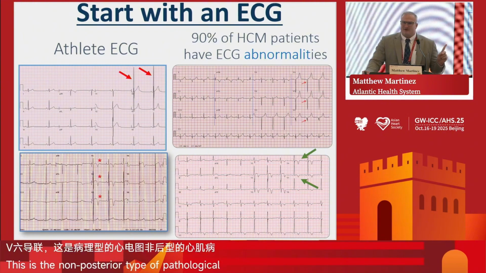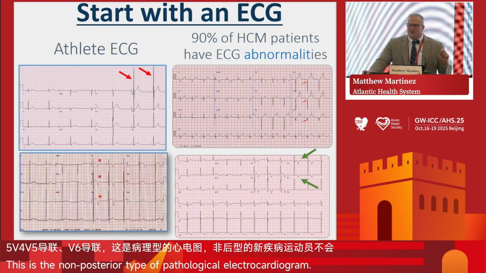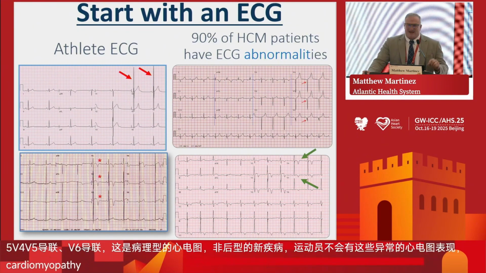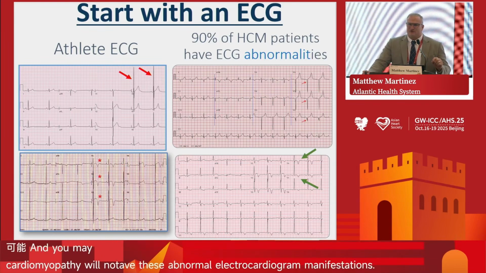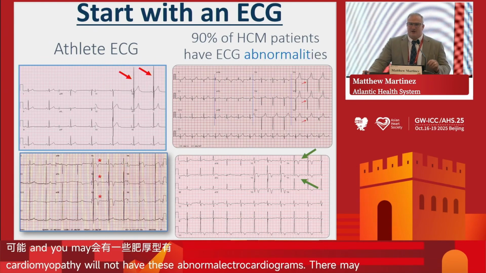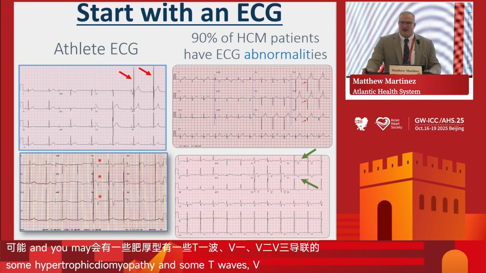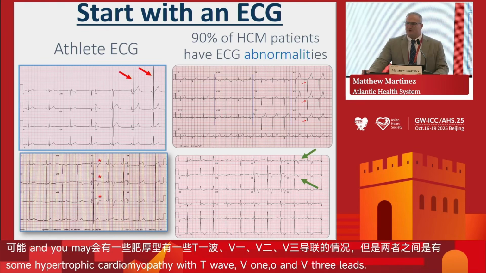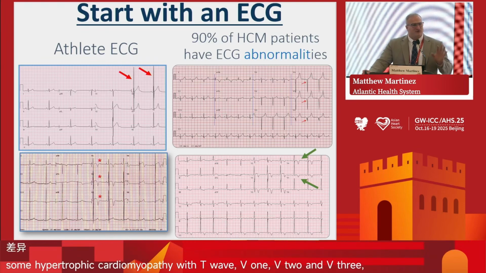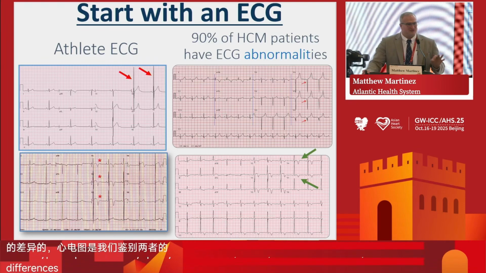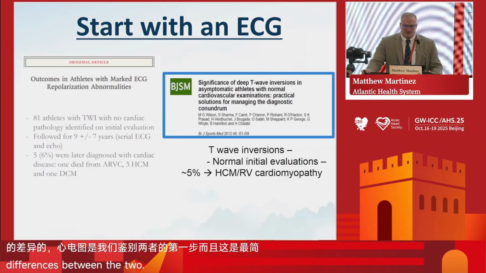Now, you may have LVH or increased hypertrophy, and you may have mild T-wave inversions in V1, V2, and V3, but there's a clear distinction between an athlete ECG and a pathologic change with hypertrophic cardiomyopathy, and starting with the simplest, cheapest test may help you decide what to do next.